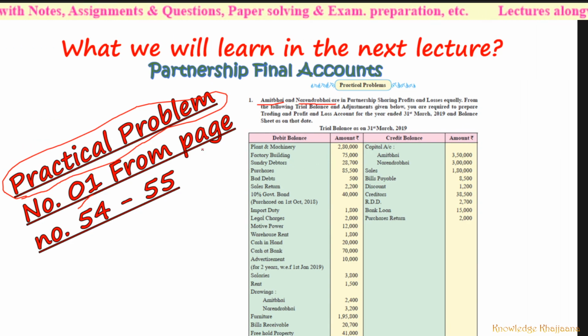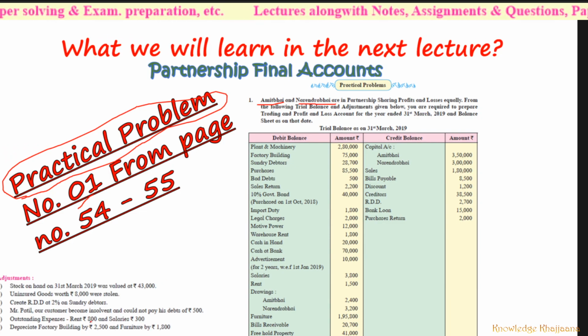You have to calculate how many lines should be left for trading account, profit and loss account, and how much space for balance sheet or partners' capital account, by looking at the number of entries in debit side and credit side given in the trial balance, and also the adjustments. After looking at the adjustments, you have to think how many lines should be left.